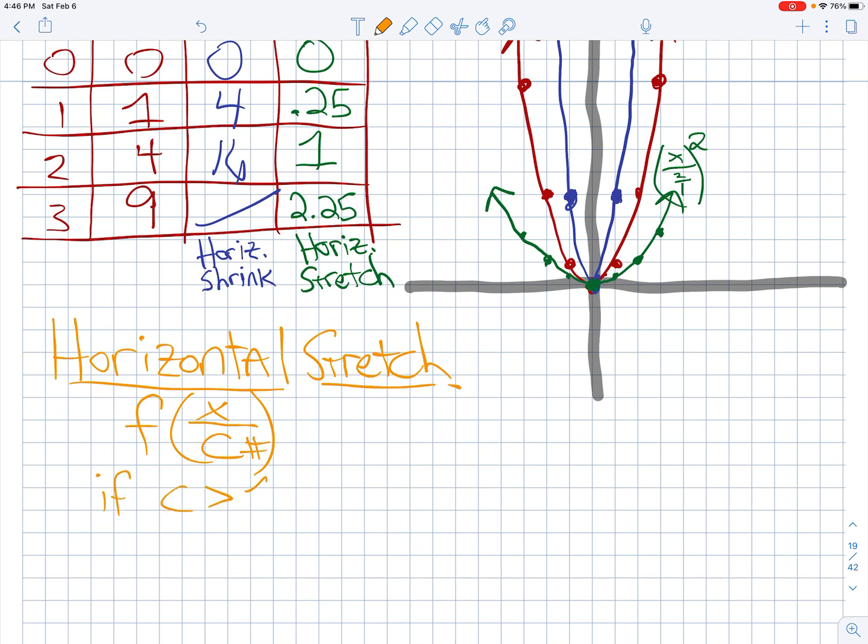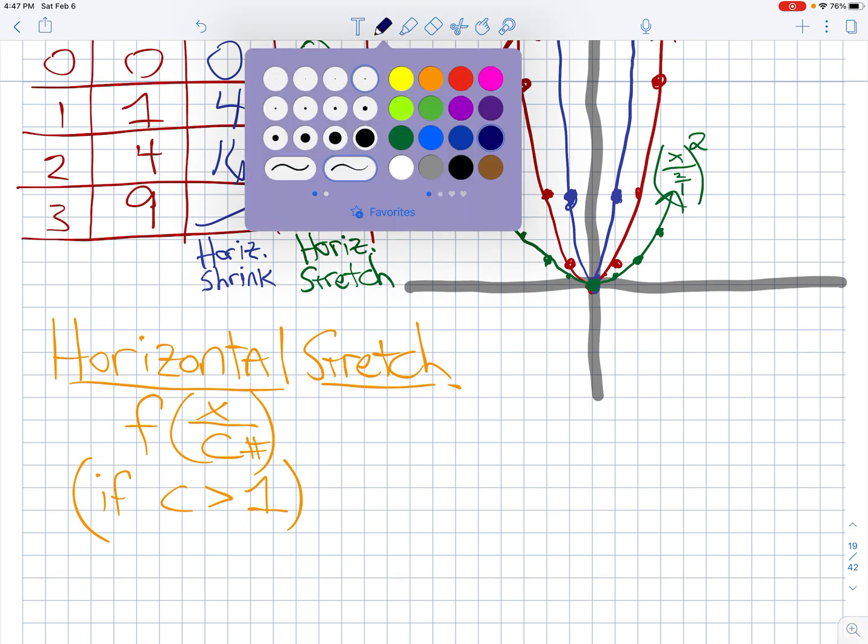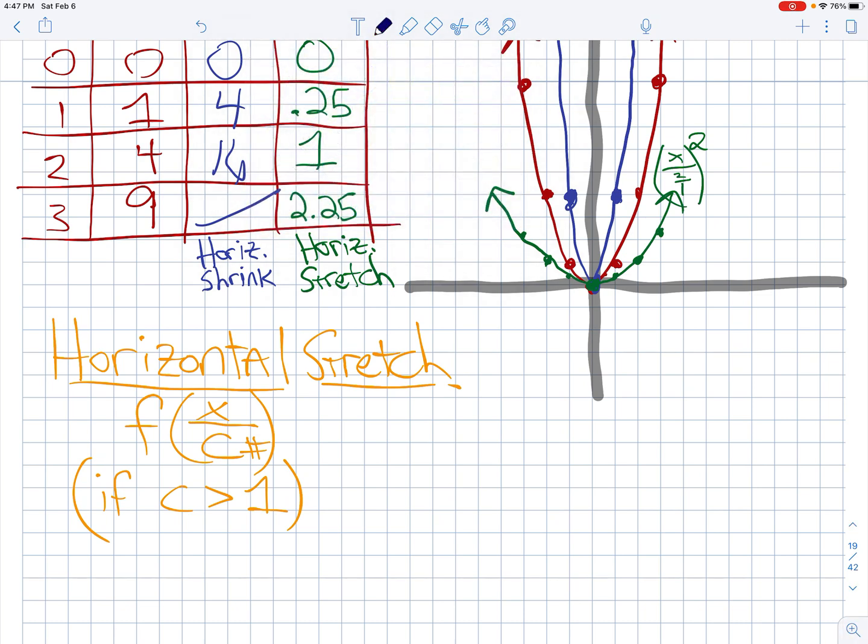It's f of (x divided by c), where c is your number. It will be a horizontal stretch if your c value is greater than 1. You see how in a horizontal stretch the number is in with the x, just like in a horizontal shift.